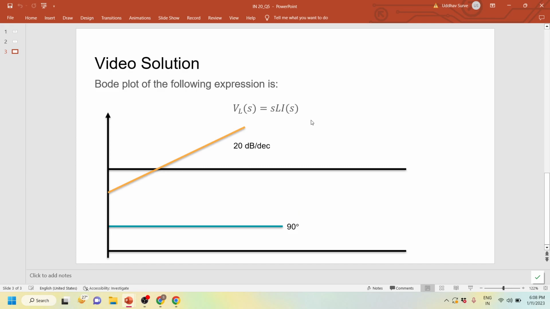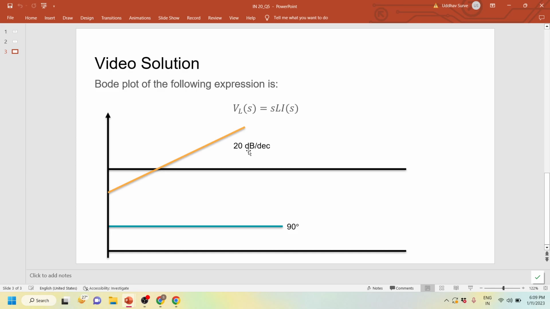As you know, in control systems, 1/s is one pole at the origin, so it decreases by minus 20 dB per decade. Here it is in the numerator in the form of a zero. That's why it will go up at 20 dB per decade with a phase angle of 90 degrees.